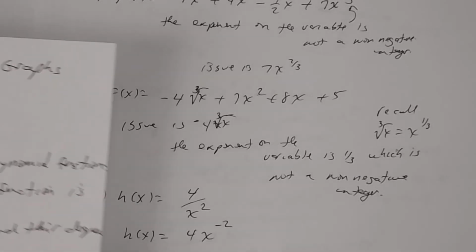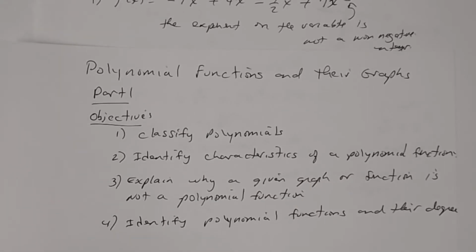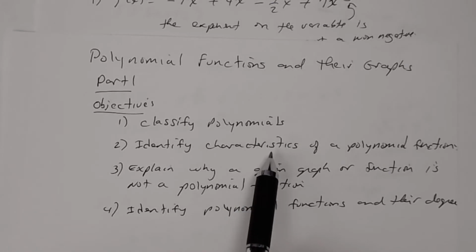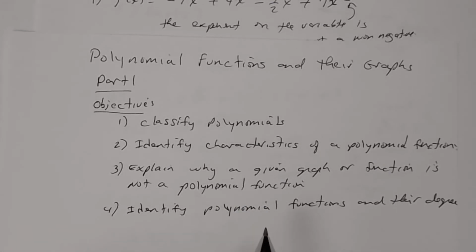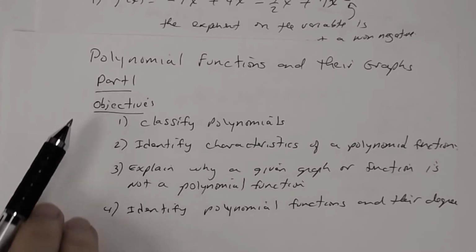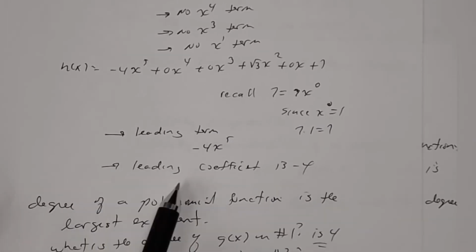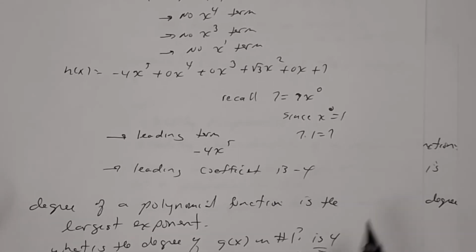In terms of identifying characteristics, number 2, that was just talking about what the leading term is, what the leading coefficient is. Later on we'll look at some more characteristics, but for part 1, the characteristics were the leading term, the leading coefficient, and the degree.